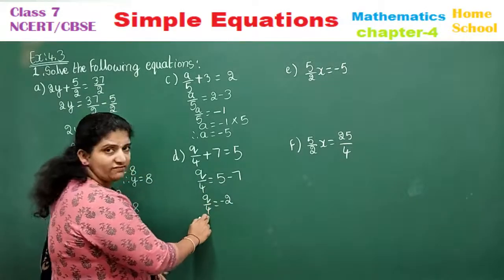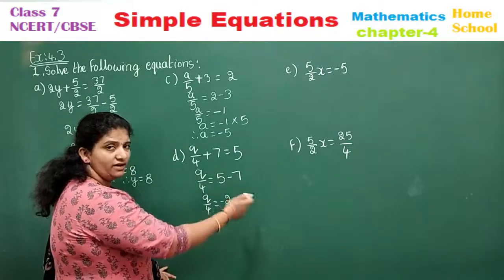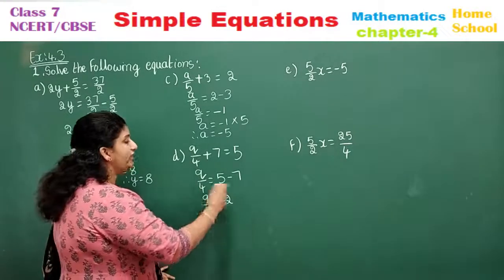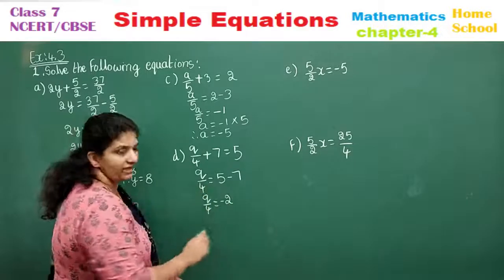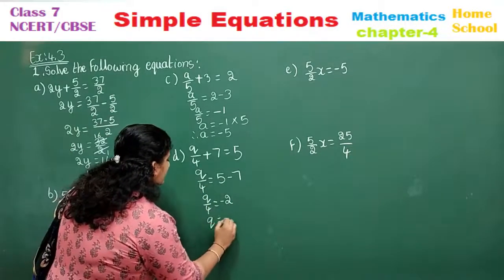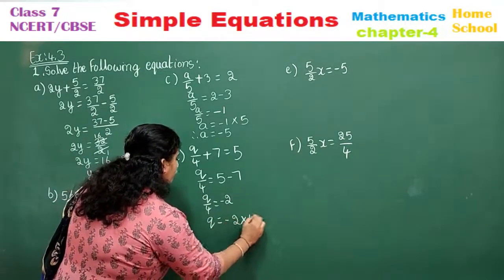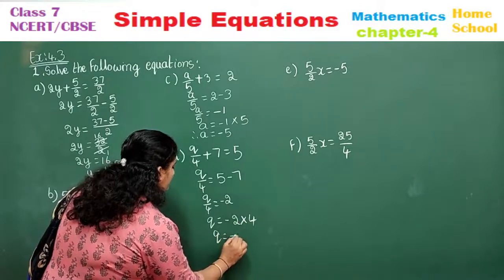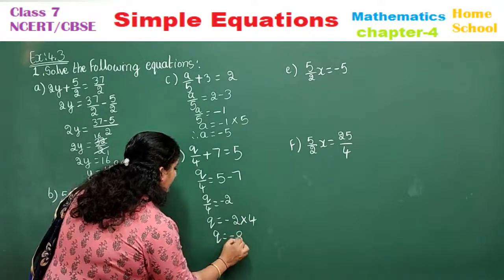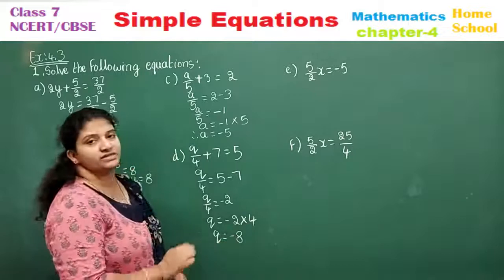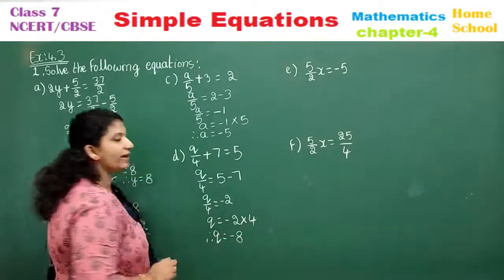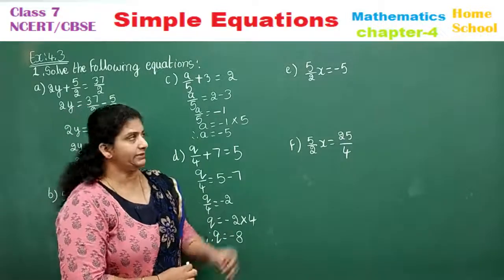Now 4 is divided, transpose to the other side, divided by 4, if it goes to the other side, multiplication. q is equal to minus 2 into 4, that is, q is equal to 4 2s are 8, minus into plus is minus. Therefore, your q value is minus 8.